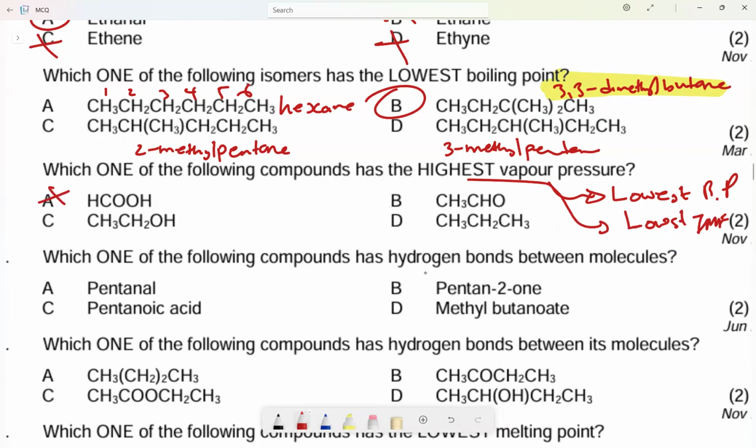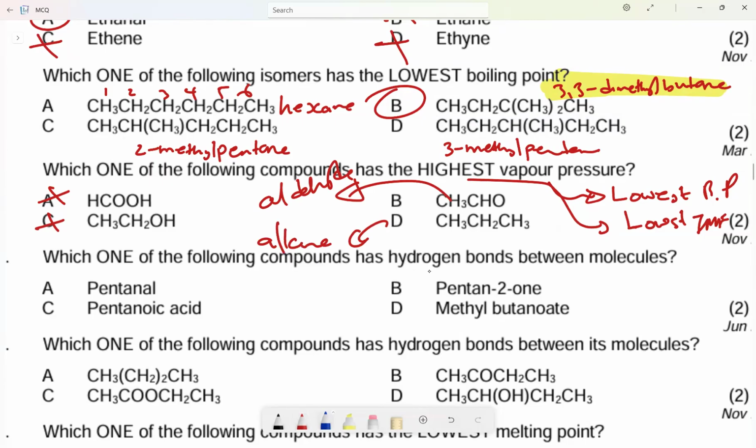So it cannot be carboxylic acid because it has the highest boiling point. It can also not be alcohol. It also has a higher boiling point. This one, it is an aldehyde. This one, it is an alkane.